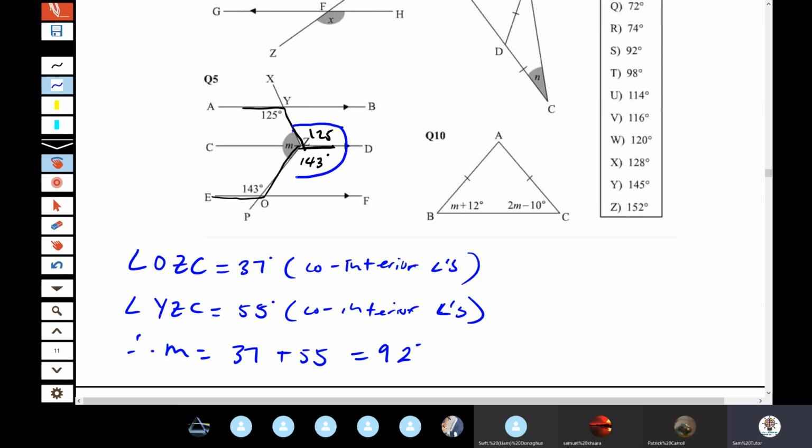You now know this whole size. So you can do 268 subtracted from 360. So M can also be 360 take away 268 degrees. Completely allowed. That also gives you 92. See, completely different method.